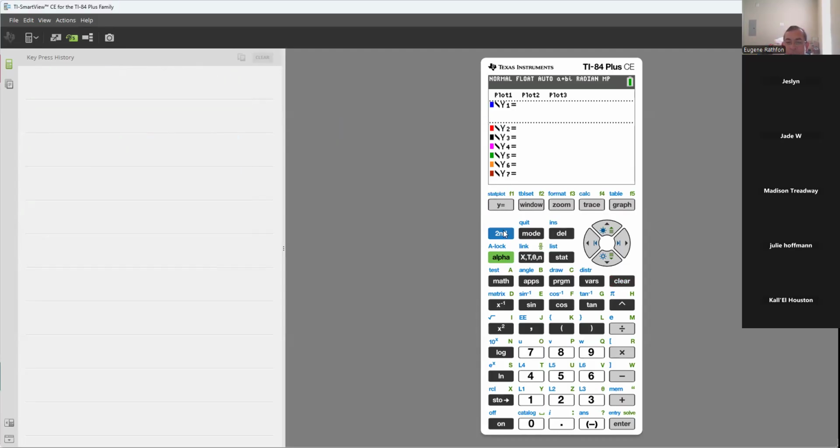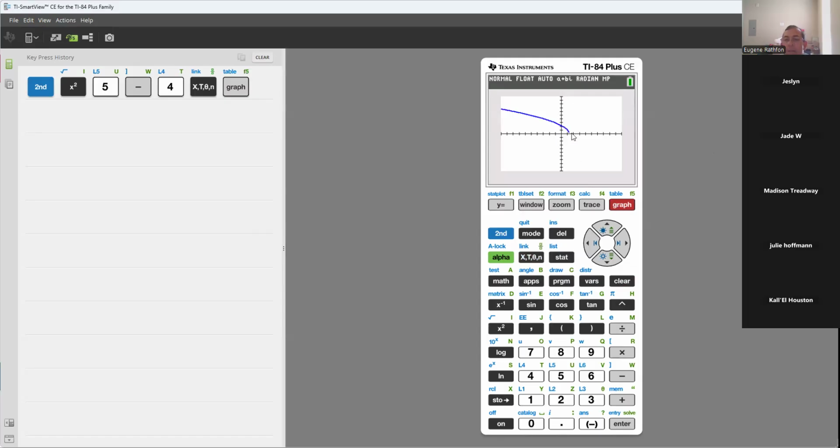So square root is second, x squared button down here on the left side. And then I had 5 minus 4x. All right, so I just want to see the graph, so I'm going to hit graph. And look, it's a downhill graph, sort of curvy, and it stops right around after that 1 there.